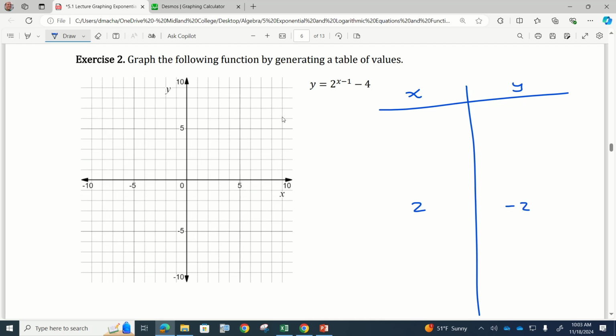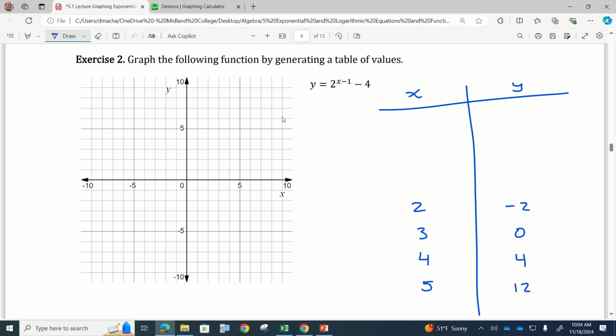What if x is 3? And if x is 4? Yep. And if x was 5, it would be 12. Okay. So I can stop, because that's going to be off the chart already anyways.